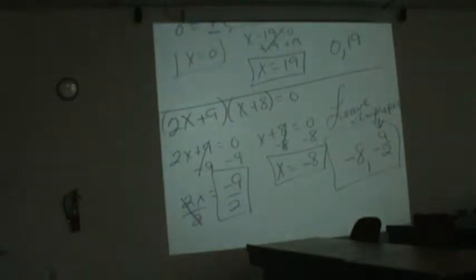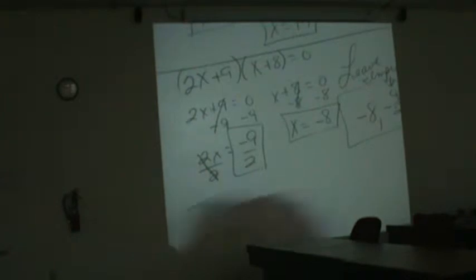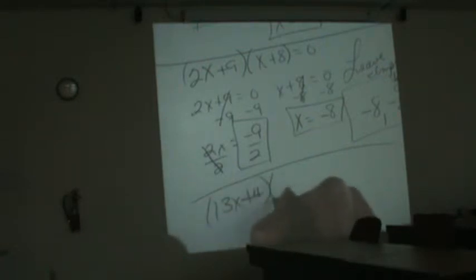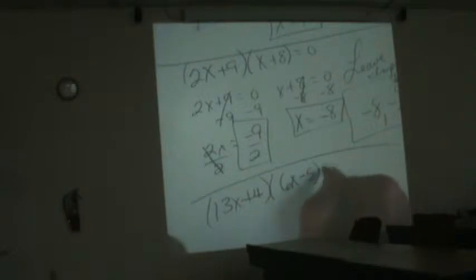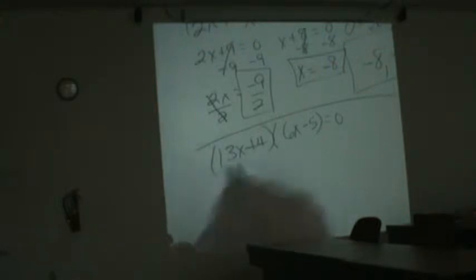So let's do another one. How about 13x plus 4, or plus 14, it doesn't matter. Plus 4 and 6x minus 5 equals 0. Set each one equal to 0. You're going to have to do 2 steps for both of these.